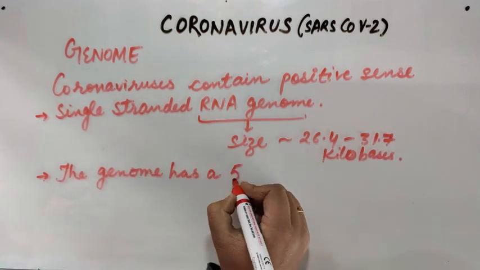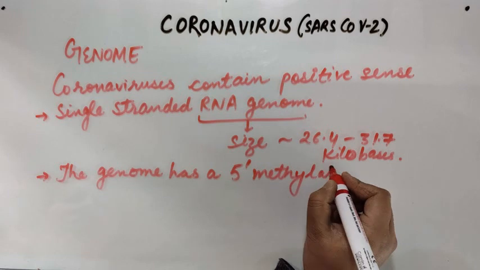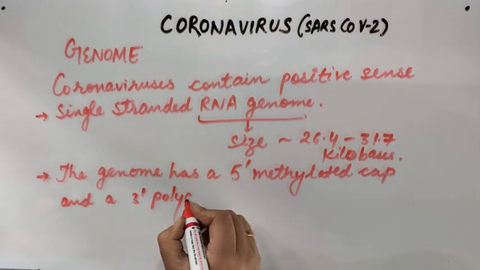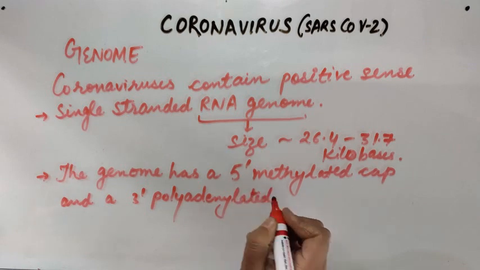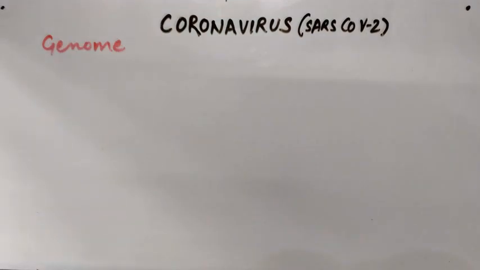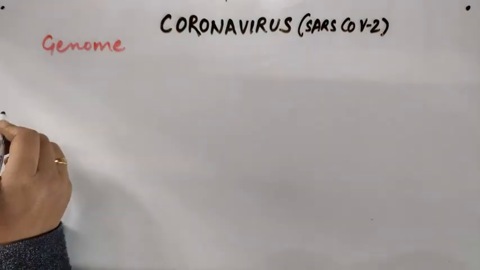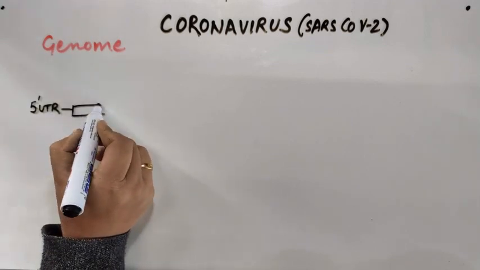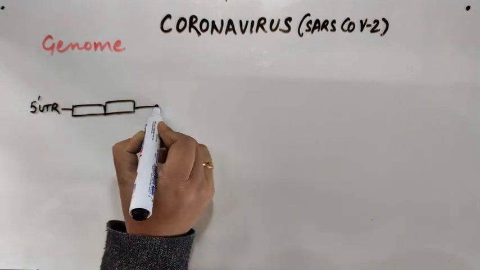The genome has a 5' methylated cap and a 3' polyadenylated tail. So, let us make the diagram or the structure of the genome of SARS coronavirus 2.